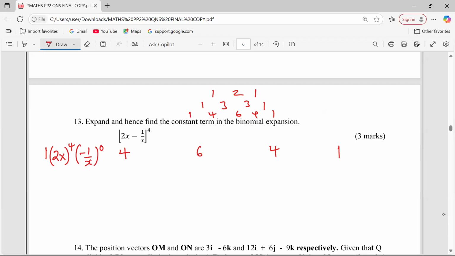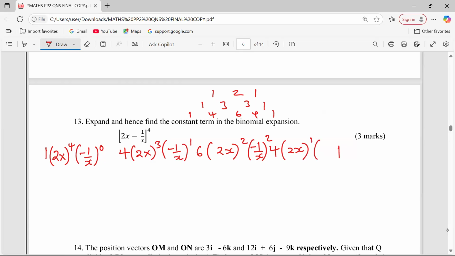In the next term, 2x goes to power 3, but negative 1 over x ascends to power 1. In the next term, 2x descends to power 2, as negative 1 over x becomes now squared. Then 2x goes down to power 1 as negative 1 over x takes power 3. Then finally, 2x taking power 0 and negative 1 over x assuming the full power 4.